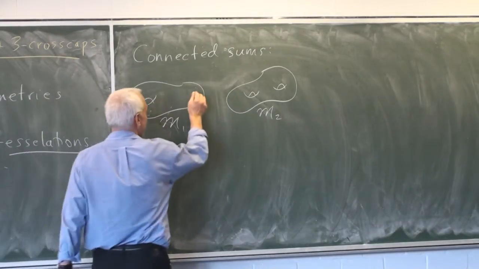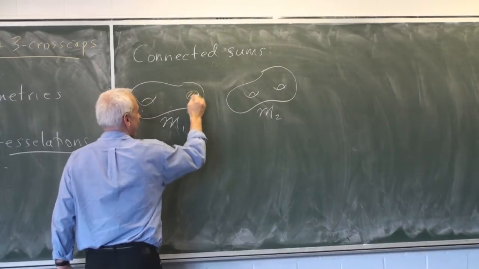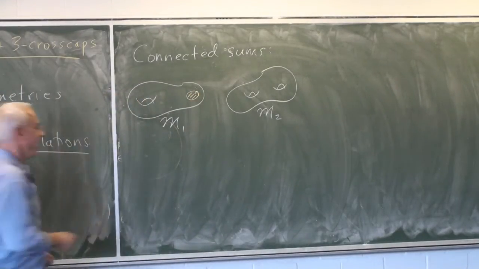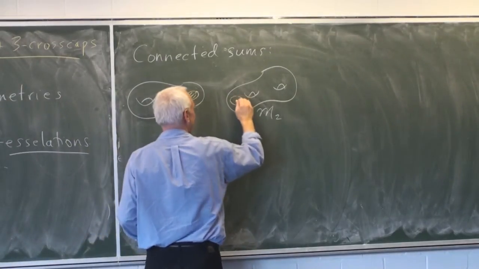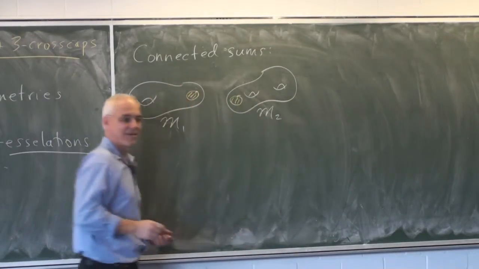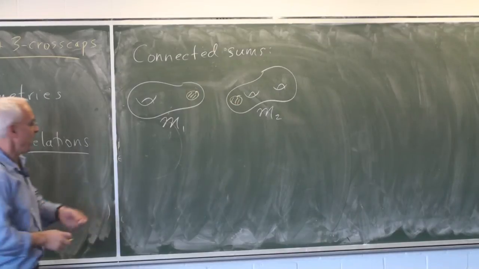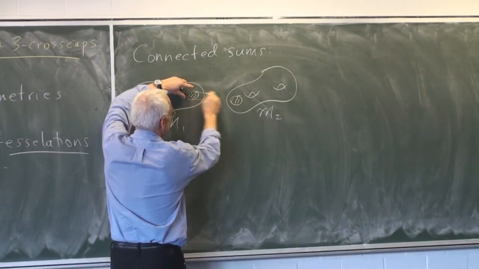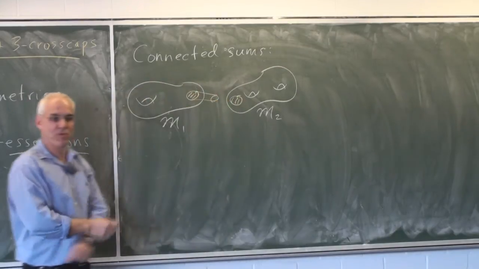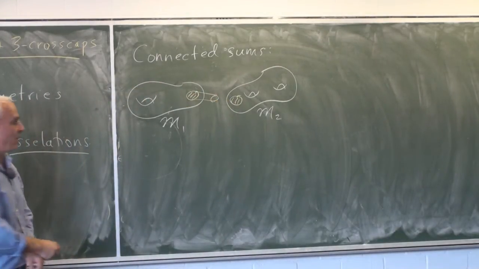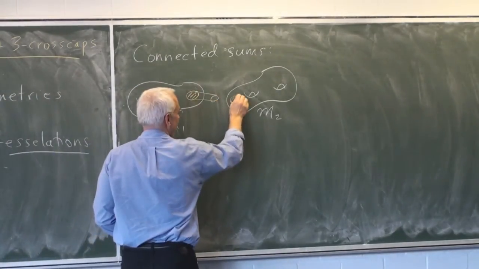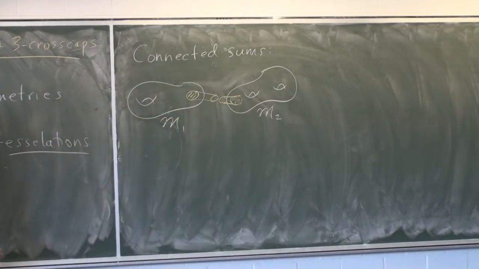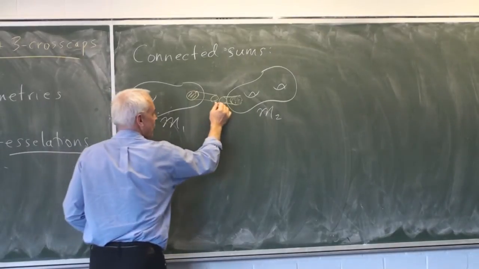Then what we could do is drill a hole in that surface, and drill a hole in this surface, and then take that hole and lift it out so that it's a little tube. We could do the same thing for this one, little tube coming out. And then we could glue those tubes together.